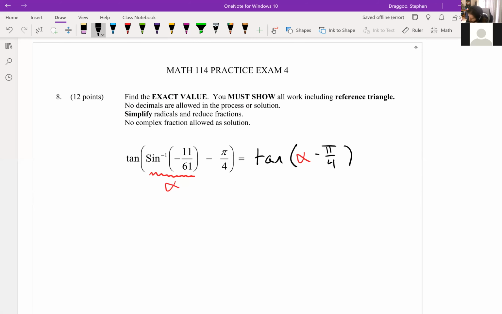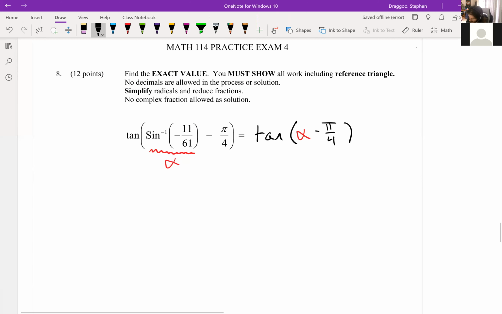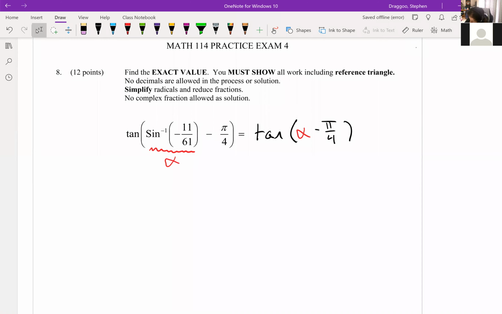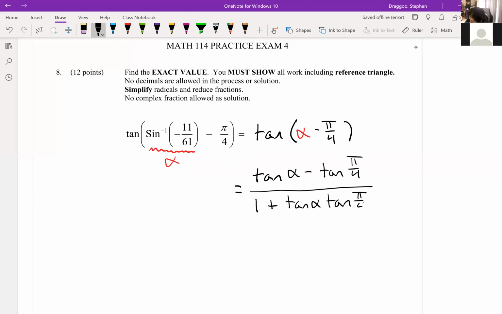And we know that there is a formula for that, specifically the tangent difference formula, which I believe says it's tangent alpha minus tangent pi over 4 divided by 1 plus tangent alpha tangent pi over 4. So if I knew tangent alpha, I'd be all set.